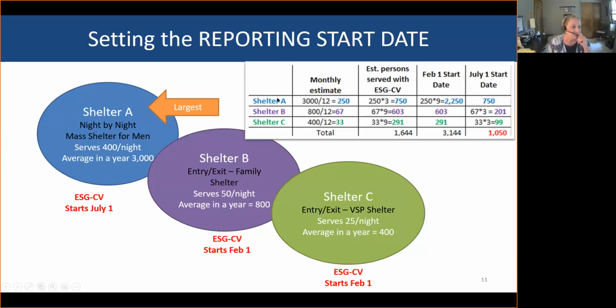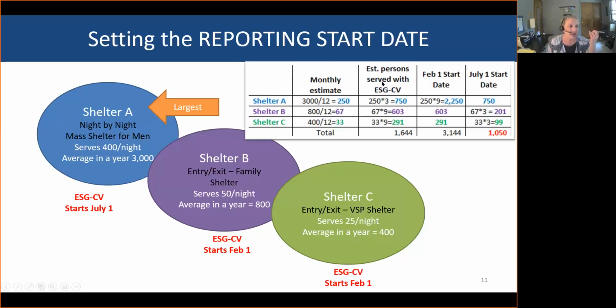We took every shelter, and we just said, how many people a month would this shelter serve if we just divided it by 12? We're just doing a real straight, rough calculation, not anything fancy here.